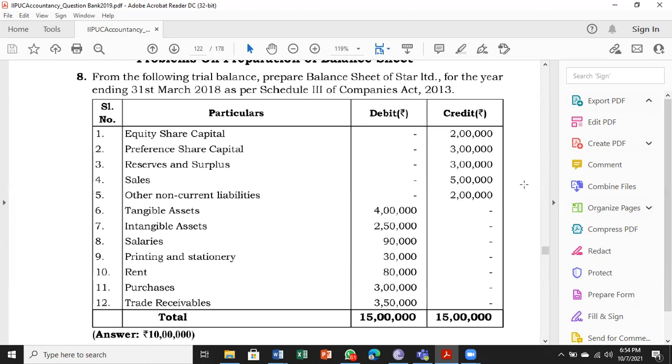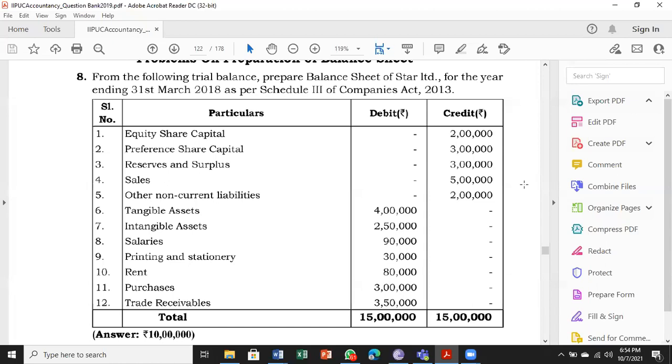So equity share capital, liability, balance sheet; preference share capital, liability, balance sheet; reserves and surplus, liability, balance sheet; sales, income statement. You can make a marking for that as I or something if you have a hard copy.